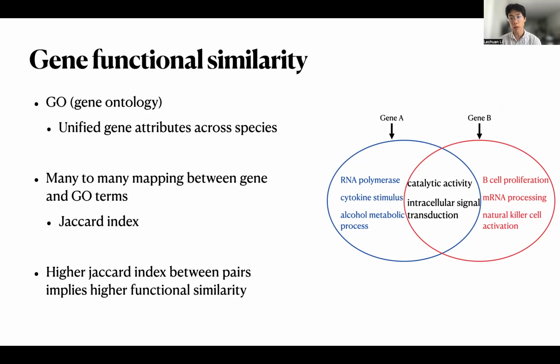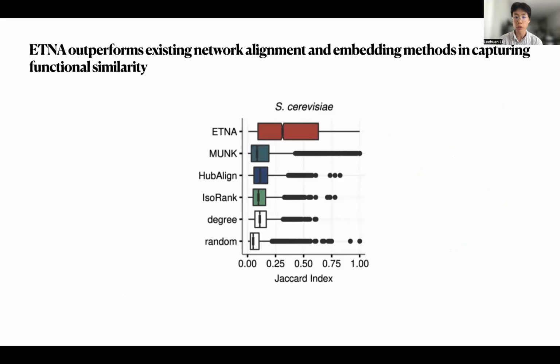So we rank the predictions created by our model, ETNA, and we compare the top pairs from our model to see whether the top pairs in our model also have a high functional similarity. And here is a score distribution for the top 5,000 predictions for our model versus 3 existing methods and 2 baselines.